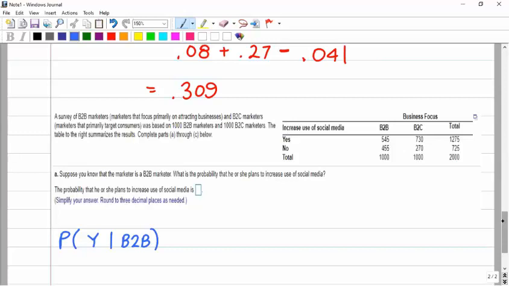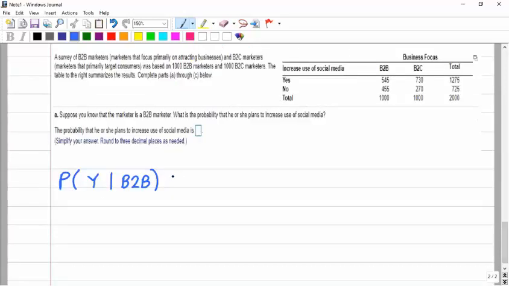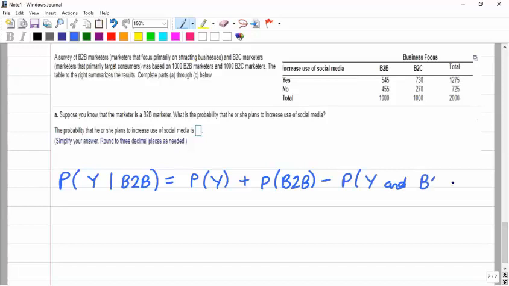Now I'll write the formula out here. We can do it that other way. Plus probability of Y plus probability of B2B minus probability of Y and B2B. Everything's over 2,000. If you're using the formula, everything's over 2,000.